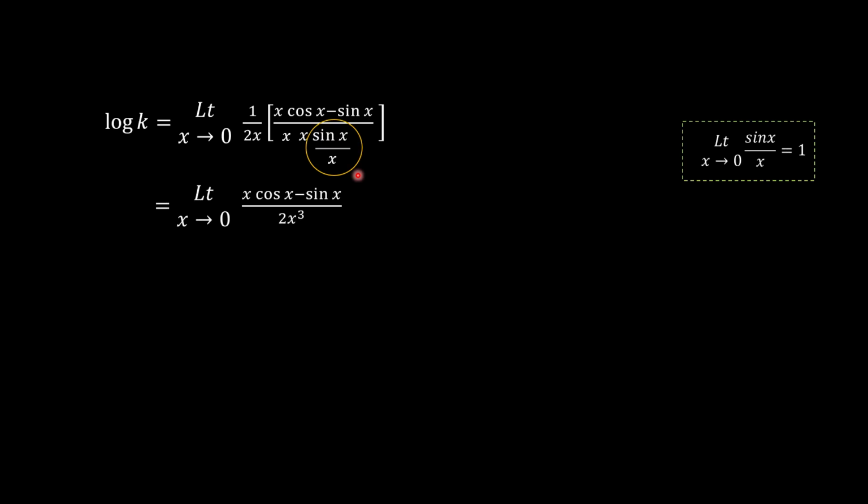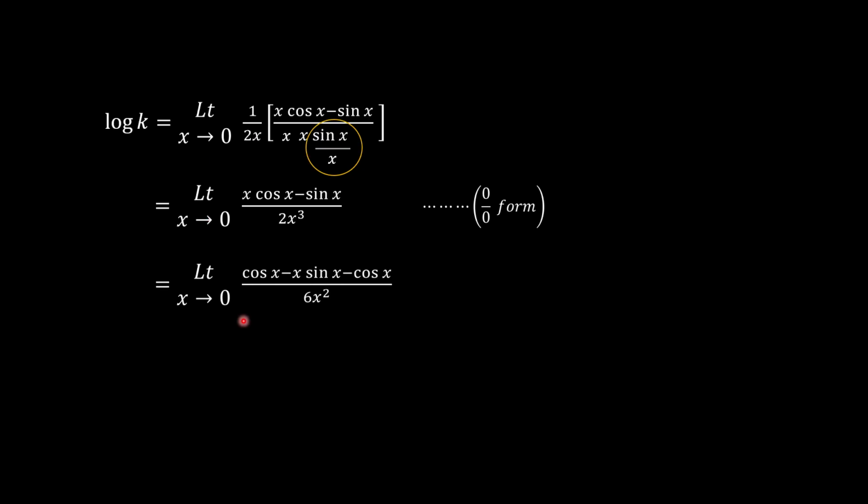Therefore, the above becomes limit x tending to 0 of (x into cos x minus sin x) divided by 2x cube. Now apply the limit. Again you will get 0 by 0 form.